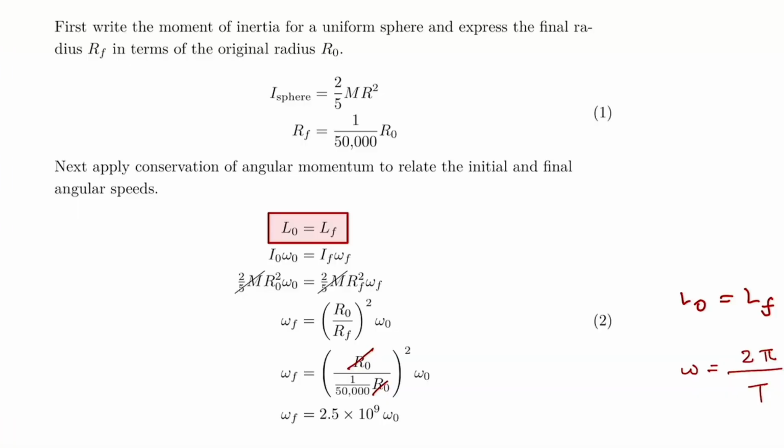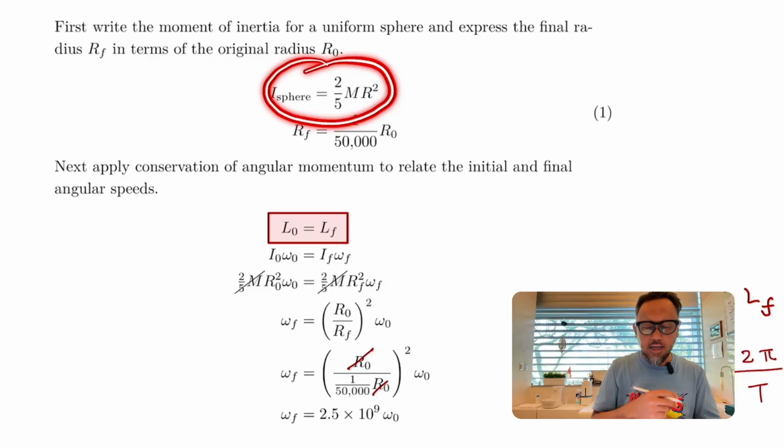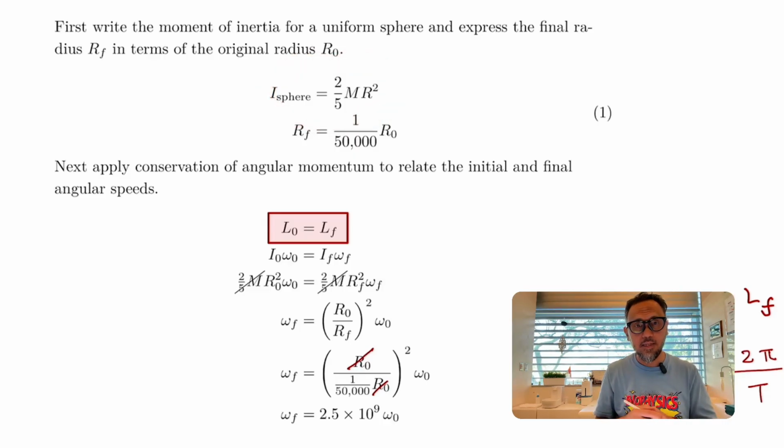So first, we know that when a star changes its size, then the moment of inertia also changes. Right? The mass stays the same, but the radius changes. So the moment of inertia is given by 2/5 times m times r squared.